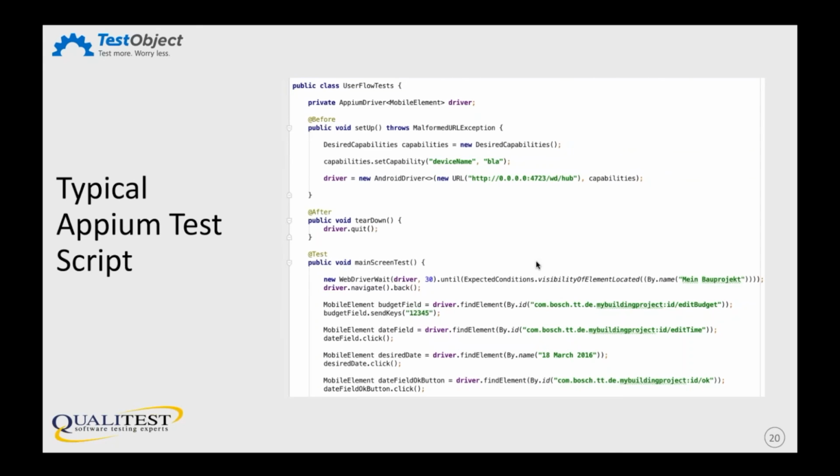So if I have a look at it, it seems that we're waiting for some elements identified by the name mindBowProject to appear, up to 30 seconds. Then we're tapping on the back button and inputting some string into a field, then doing a bunch of clicks on different elements.